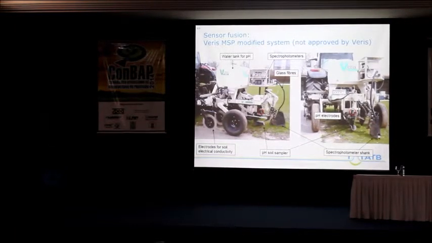So we mounted the spectrophotometer together with the pH sensor and the EC sensor. You see the water tank for the pH electrodes to be cleaned. Here you see the spectrometer unit, the shank, the fibers, and here you see the rolling electrodes for the EC measurements.